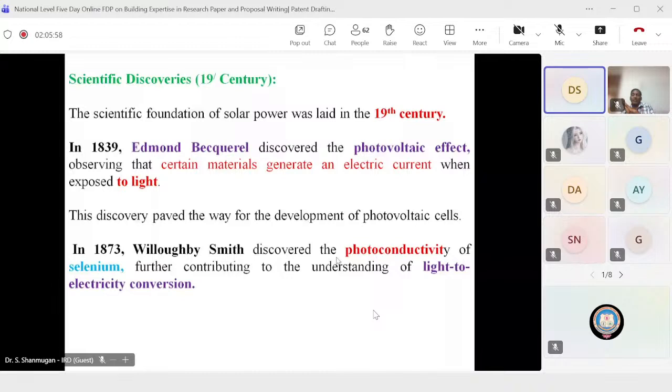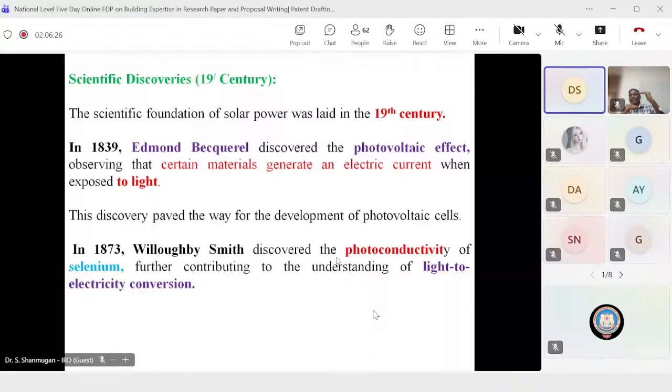This is called the photoelectric effect, based on the total amount of quantum energy used. Certain materials generate an electrical current when exposed to light. That is all he explained. That discovery was developed into the photoelectric cell.